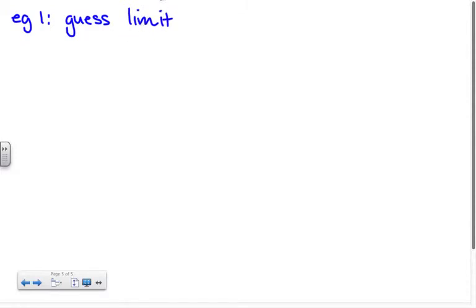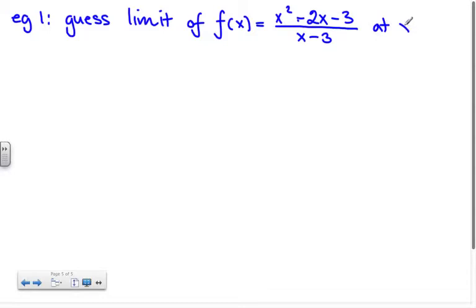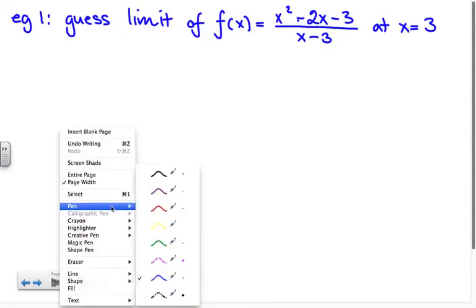That's the limit of f of x equals x squared minus 2x minus 3 over x minus 3 at x equals 3. Okay.